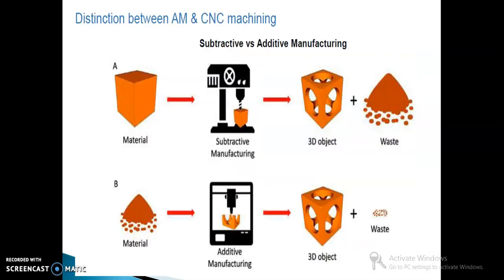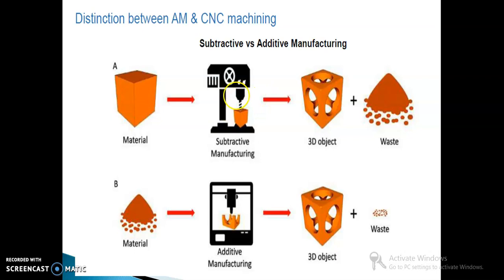Now the next slide represents the difference between additive manufacturing, also known as AM, and CNC machining or conventional machining. Firstly, we will discuss the first process, the CNC machining process. Firstly, we have to feed raw material to the machine. The raw material is available in the form of a block, and the machine carries out the machining process to remove material from the block, according to the different commands provided to the system.